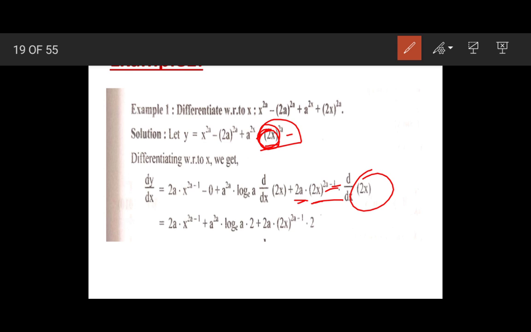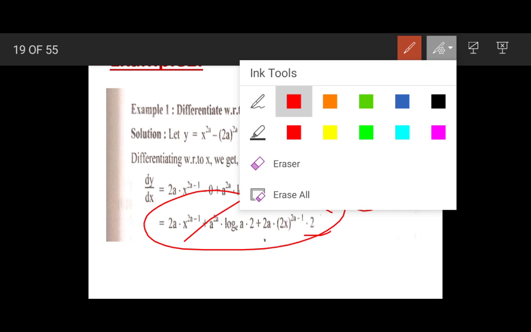Why? Because 2x is a composite function, not a single function. In 2x we have combined x and 2, right? So the derivative of 2x is 2. So this is the final answer.